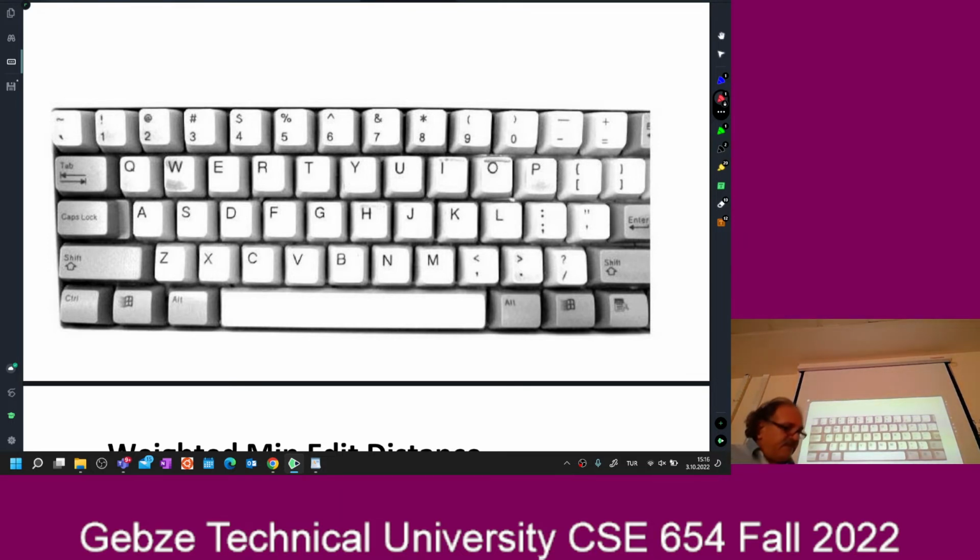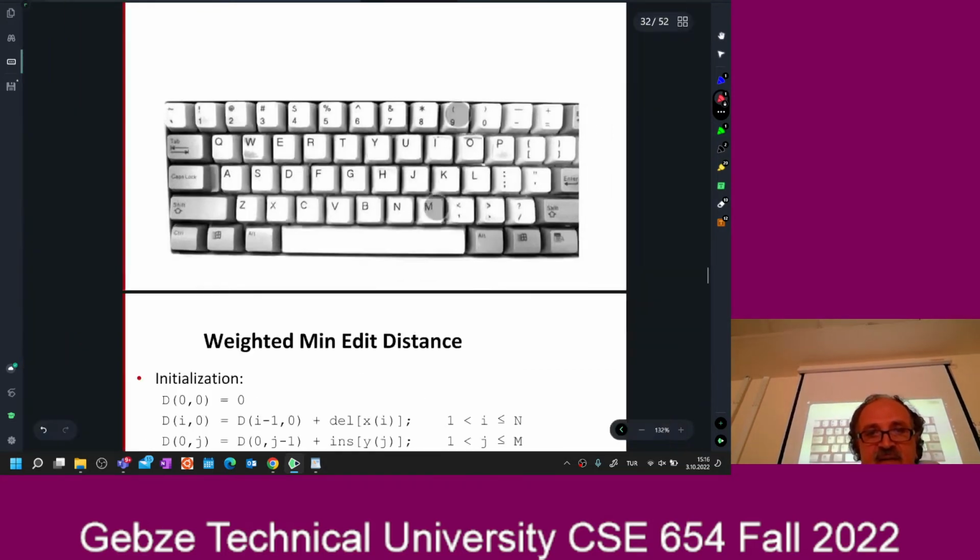Okay, and sometimes it depends on your subject too, okay? So this algorithm can handle all of them because remember we took the substitution cost as 2. Maybe we can take it as weighted.